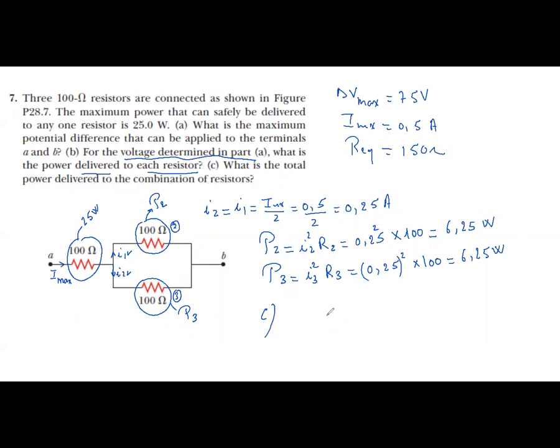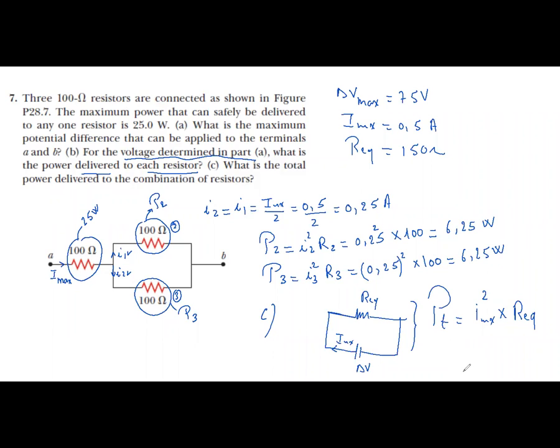To calculate P total, we have R equivalent, delta V max, and I max. From this circuit, P total equals I max squared times R equivalent.